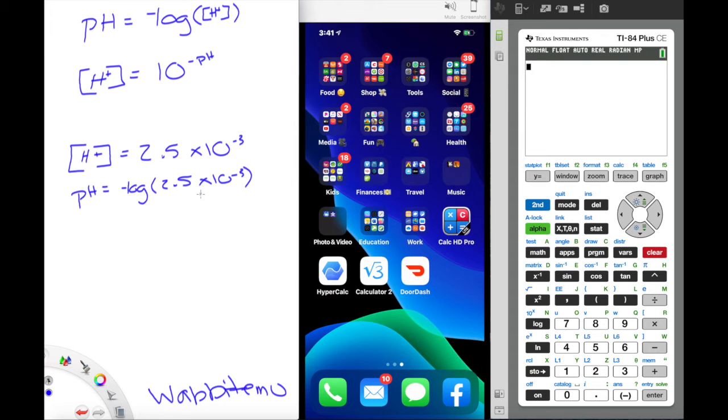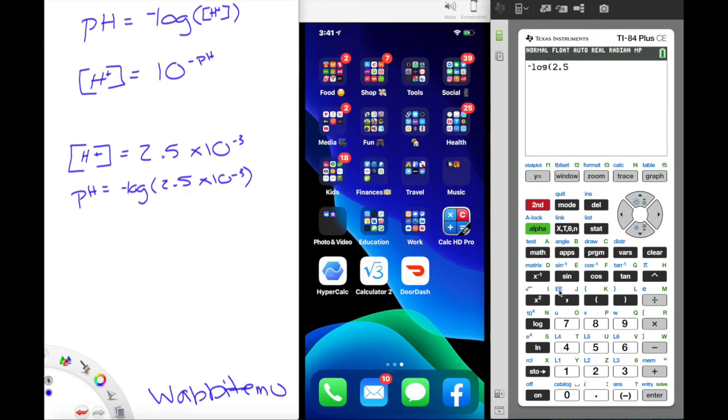So what I'm going to do, I showed you this in the example calculations using this white calculator. I'm going to use this first, and then I'm going to come over here and show you how to use these two calculators. So I need to hit negative and log, and then you'll notice the calculator puts the first parenthesis in there. And then I want to enter this number in scientific notation, so 2.5, and then I'm going to come up here and hit second, and then I want this EE function right here.